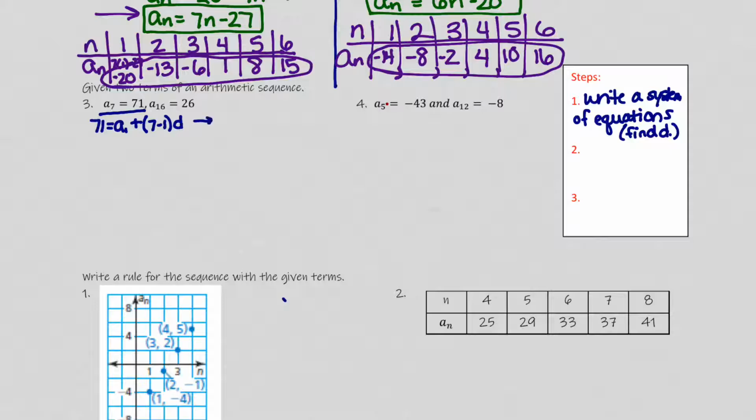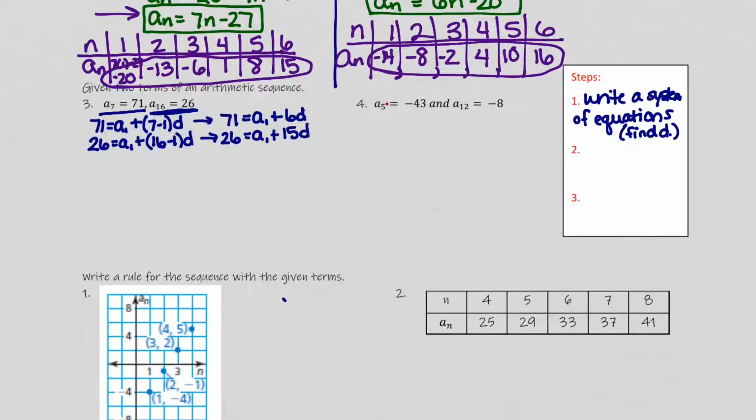This can simplify to 71 equals a1 plus 6d. Let's do it for the second equation. This is telling me n is 16 and an is 26. I don't know a1, but I have 16 minus 1 and I don't know d. So that simplifies to 26 equals a1 plus 15d.